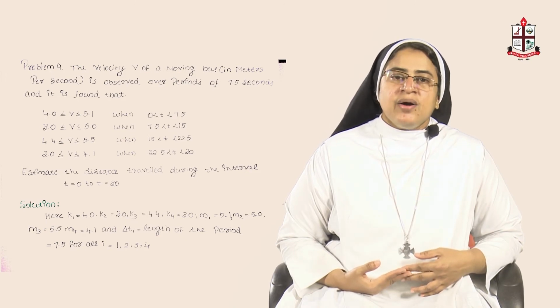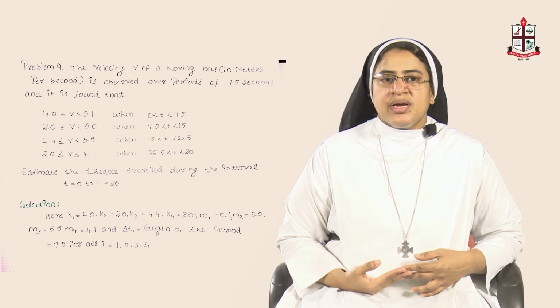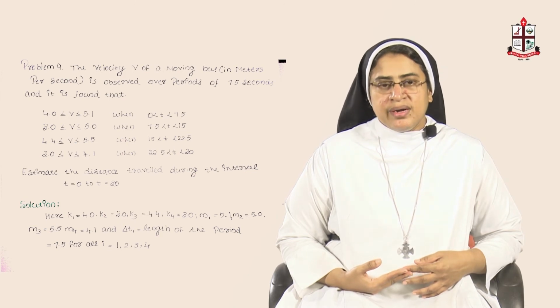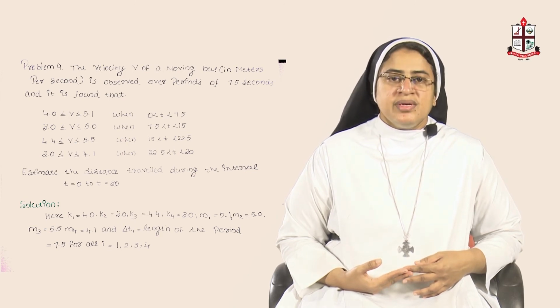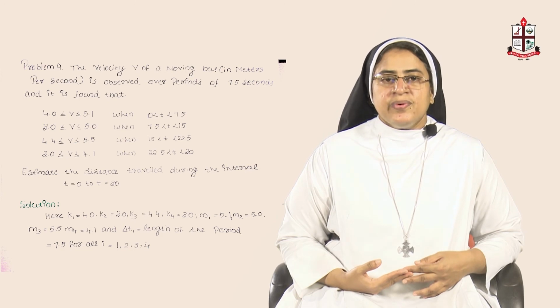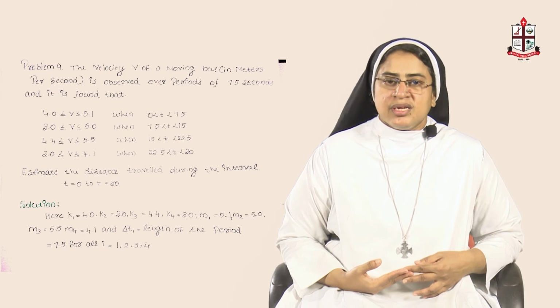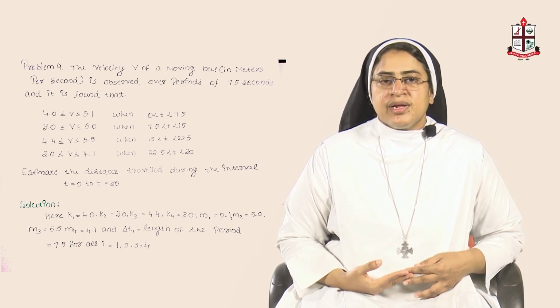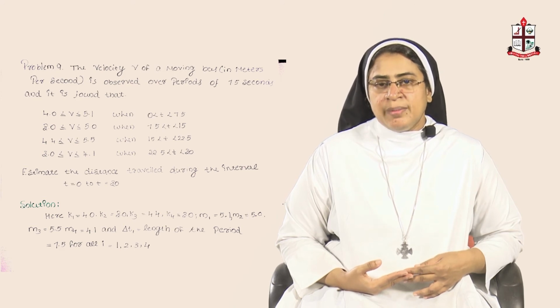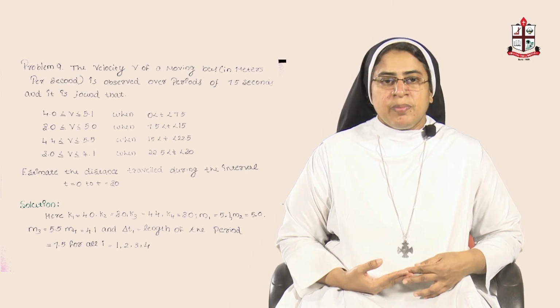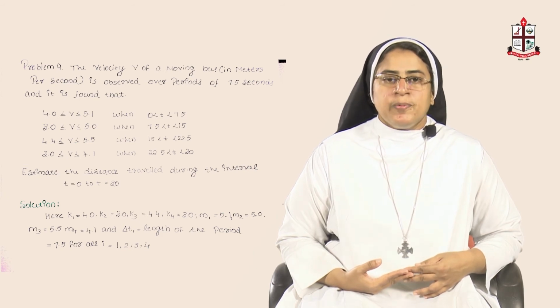The method is that from the given values, the lower values k1, k2, k3, k4 are: k1 is 4, k2 is 3, k3 is 4.4, k4 is 3. Then the upper values m1, m2, m3, m4 become: m1 is 5.1, m2 is 5, m3 is 5.5 and m4 is 4.1.